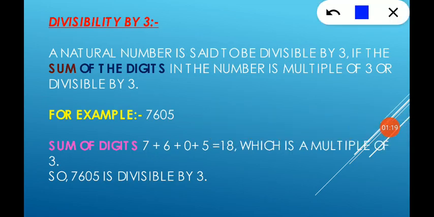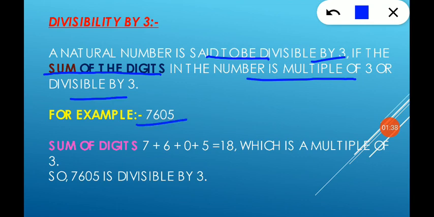Divisibility of 3 says that a number is said to be divisible by 3 if the sum of the digits is a multiple of 3 or divisible by 3. For example, suppose the number is 7605. So what we will do?